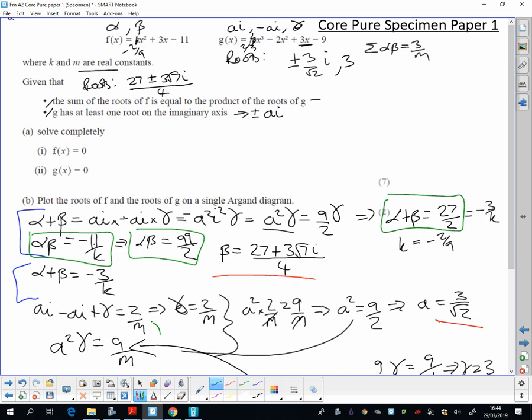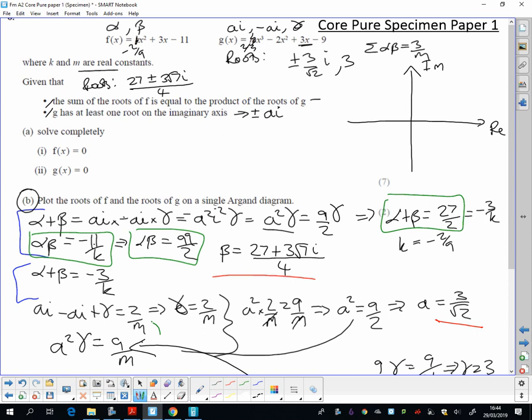The second part then, it wants the roots on a single Argand diagram. Now when they do that, there's a little bit of a hint that maybe you need to get your scale roughly right. So I've got my real and my imaginary axes. For this, it's probably worth using your calculator just to check.